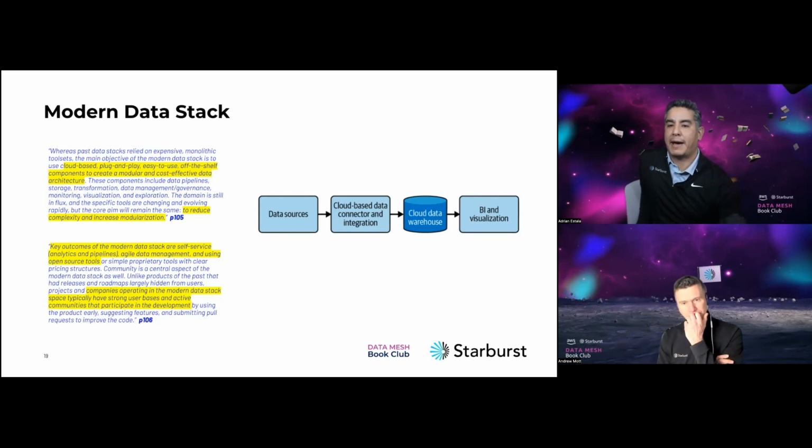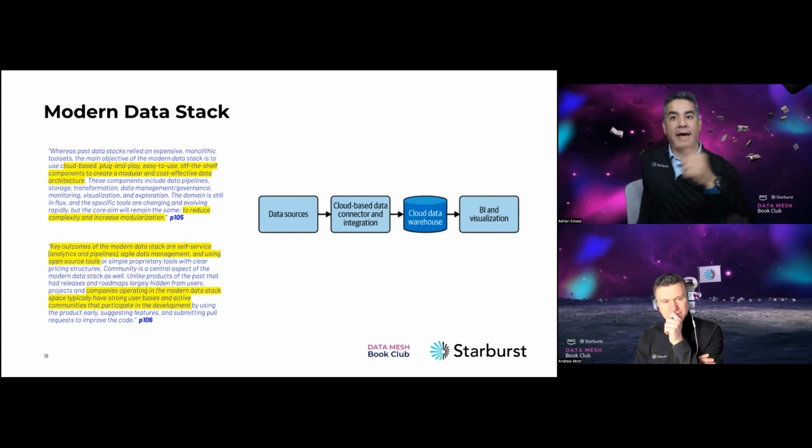The other piece they come back to, in several places, and I've highlighted one or two here on the page, is that they talk about open source a lot. And I know in the latter chapters, they also talk about open source when they're talking about making the right decisions. That's really interesting. The reason they reference open source is, one, the speed of innovation, but two, the community, right?